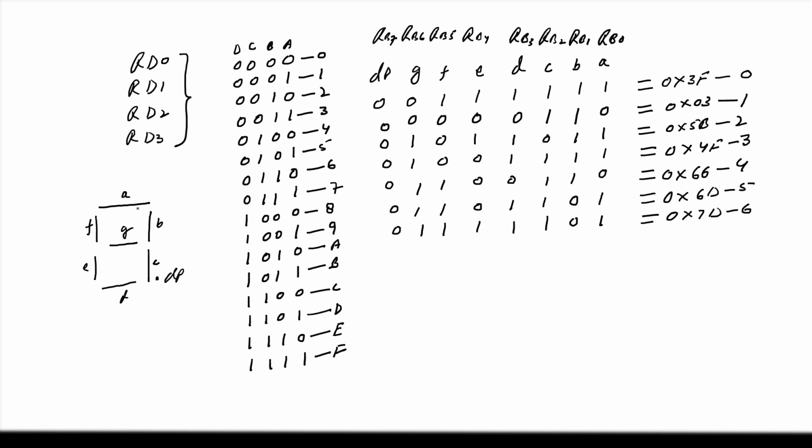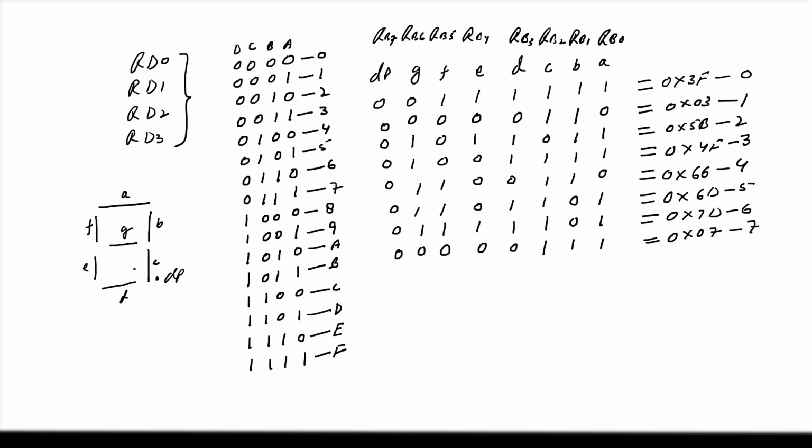To display the number 7, segment A, B and C will be on and all other segments will be off. So we can write A will be on, B will be on and C will be on and all other segments will be off. And the equivalent hex number is 07, that is 0x07, and it will display the number 7.